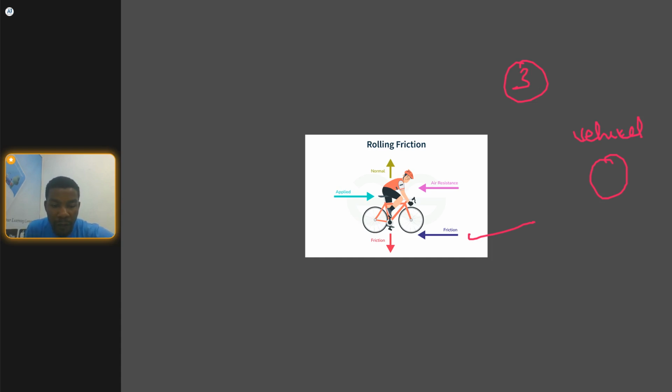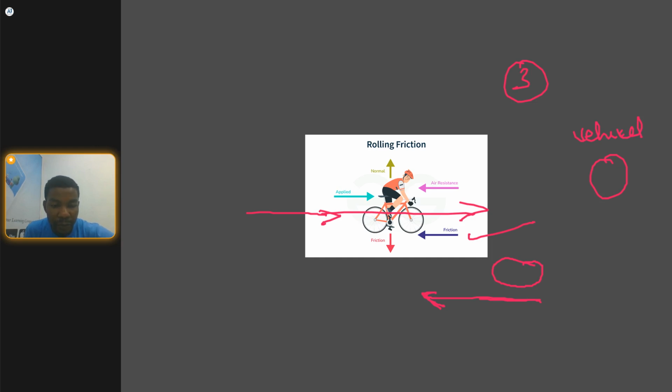So we have force applied to move in this direction, but frictions act against that direction. The way you are pedaling your bicycle, what you are doing is actually applying force to move in this direction, while there will be a force going against that direction, and that force is called the what?